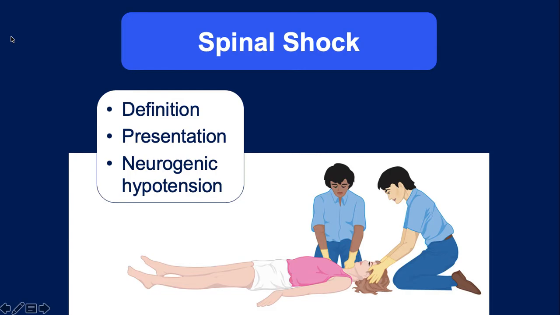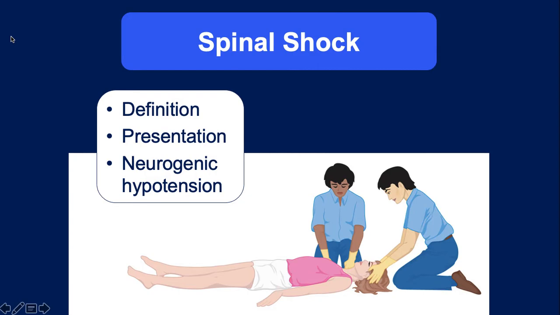And so you can see even though they're in shock, and normally you would define shock as someone being pale, cool, and diaphoretic, that's only for someone who's going through some kind of blood loss, hemorrhagic shock. This is spinal shock.